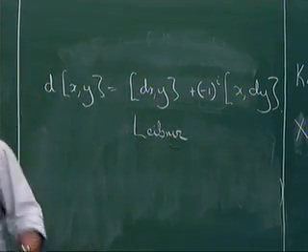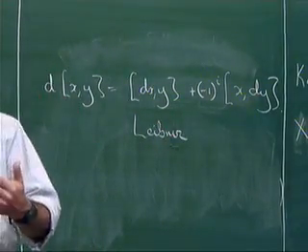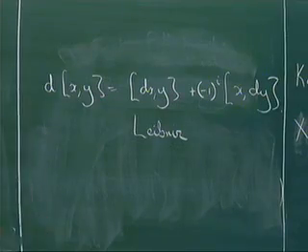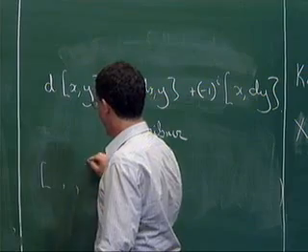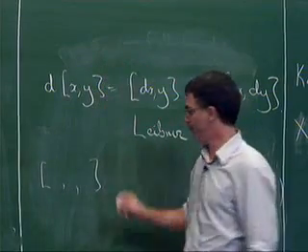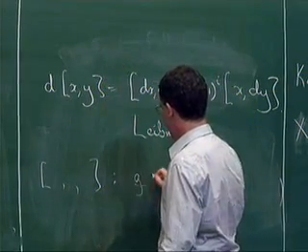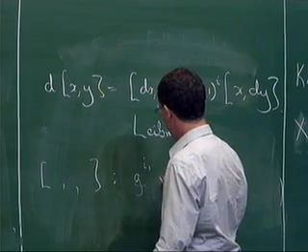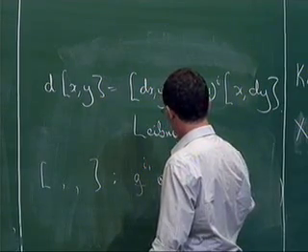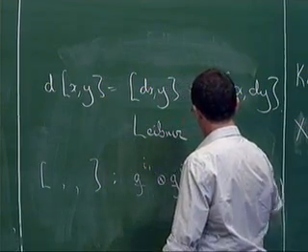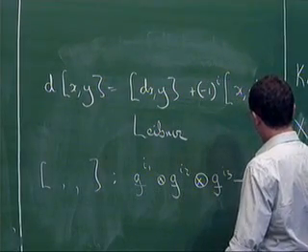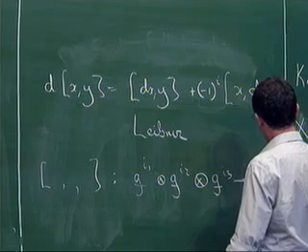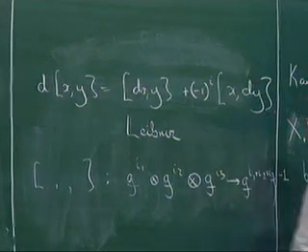But the Jacobi rule only holds up to a correction involving a 3 bracket. So in order to continue, I need to introduce a 3 bracket, and this goes from G_i1 tensor G_i2 tensor G_i3 to G_{i1 plus i2 plus i3 minus 1}.